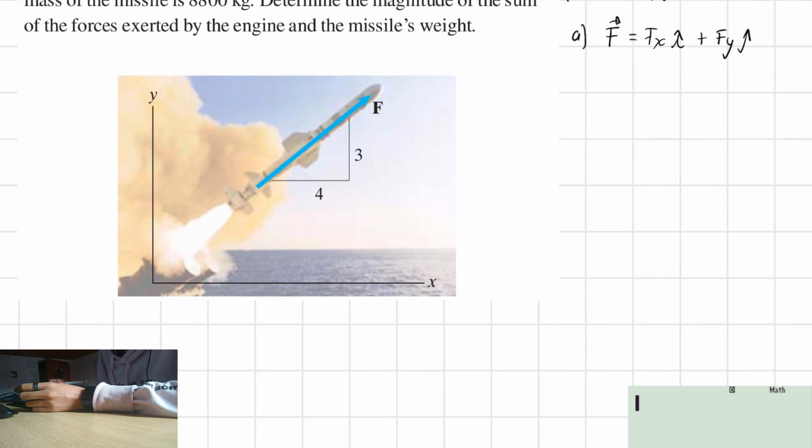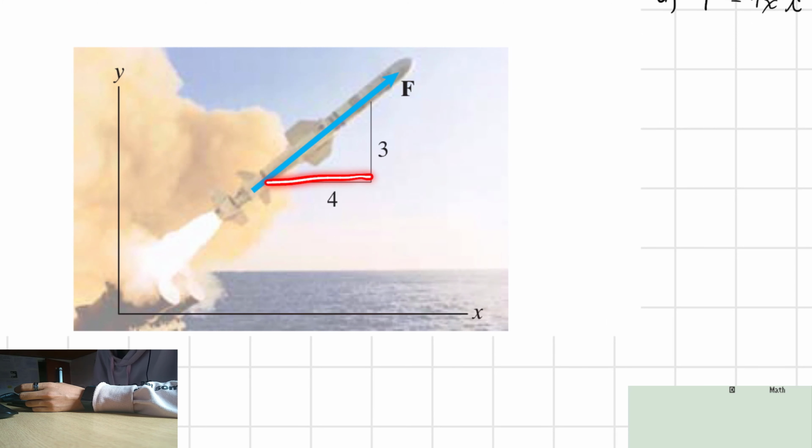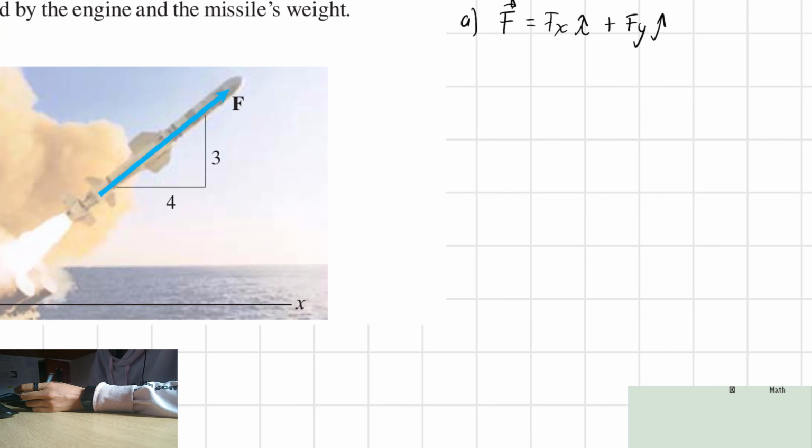Now, they have given to me a triangle, specifically a right triangle, because right here I have a 90 degrees angle. So I'm going to do this triangle once again. This is 3, this is 4, and I am able to find the magnitude of the hypotenuse.